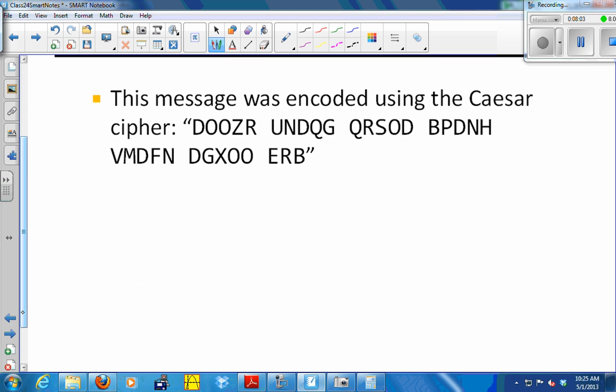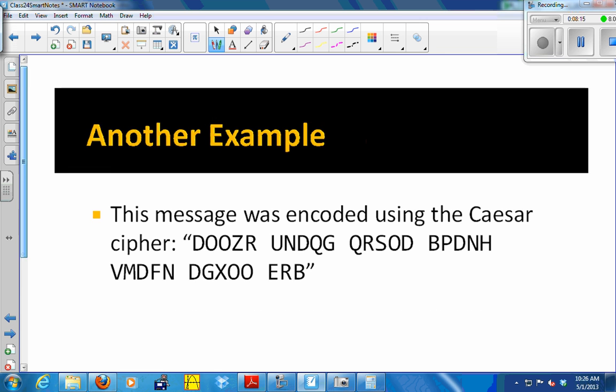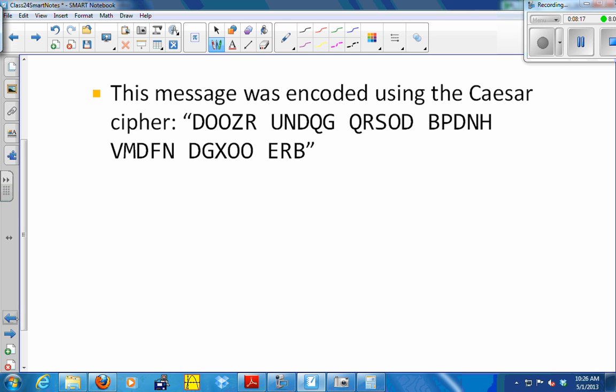All right, so here's a message that I encoded using the Caesar cipher. Looks like gobbledygook. I want to figure out what it says. So take a couple minutes and see if you can decode it. You got it.